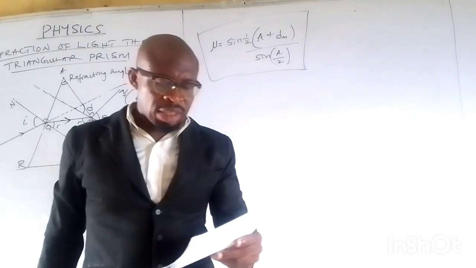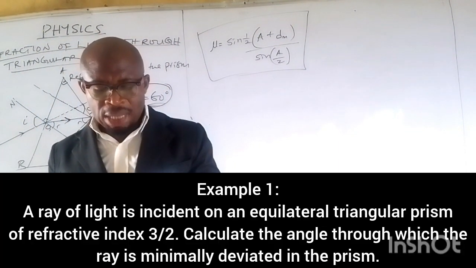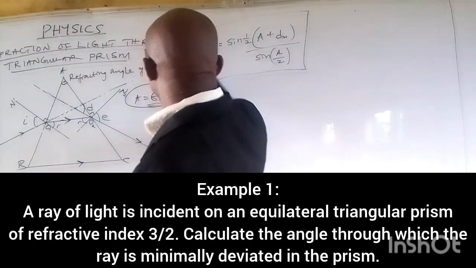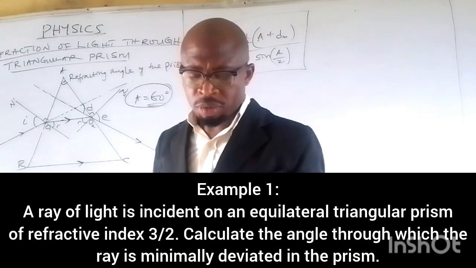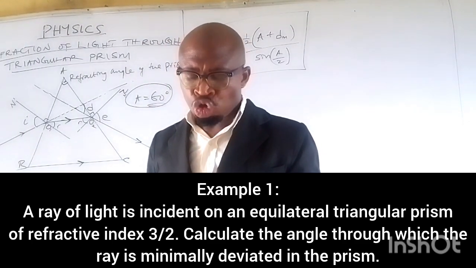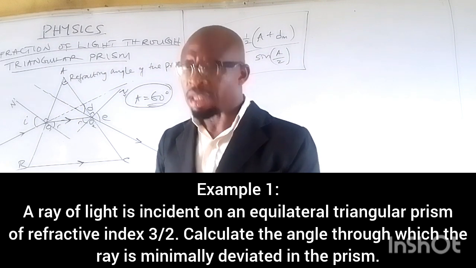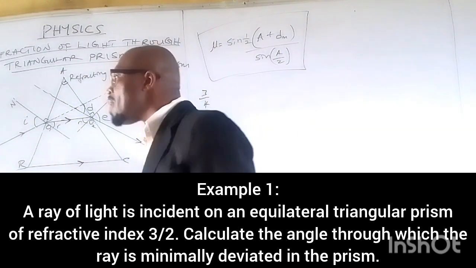Okay, let us take one or two calculations using this formula. The first question says, a ray of light is incident on an equilateral triangular prism of refractive index 3 over 2. Calculate the angle through which the ray is minimally deviated in the prism.